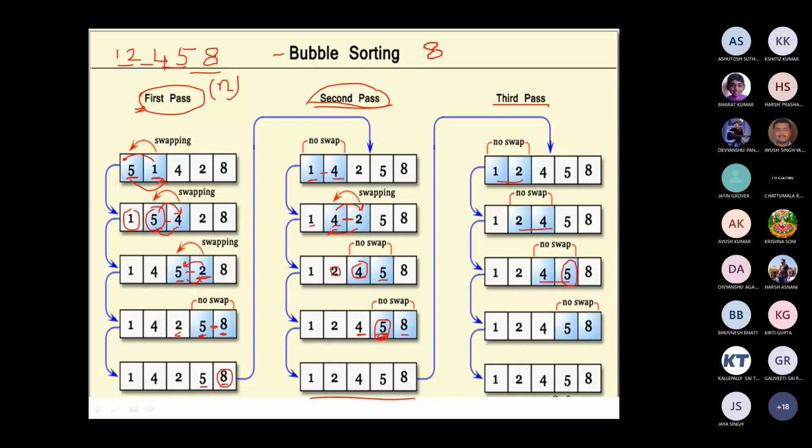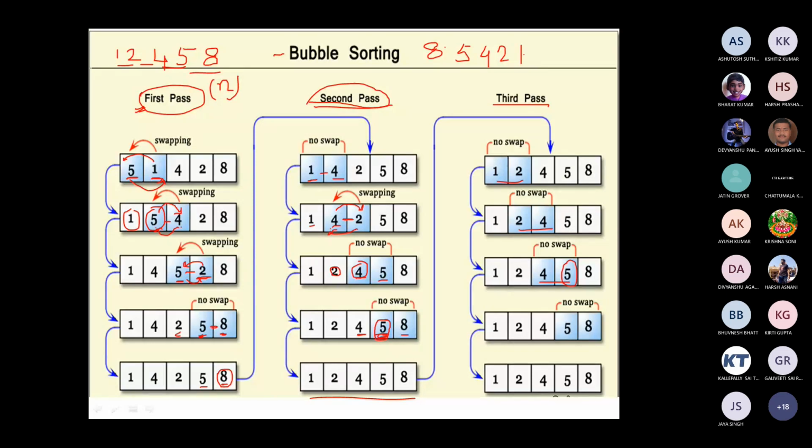So 8 is in the first position, then 5, then 4, then 2, then 1. For the worst case, how much time will it take? After the first pass, 8 will come to its position: we compare 8 and 5, then 8 and 4, then 8 and 2, then 8 and 1.